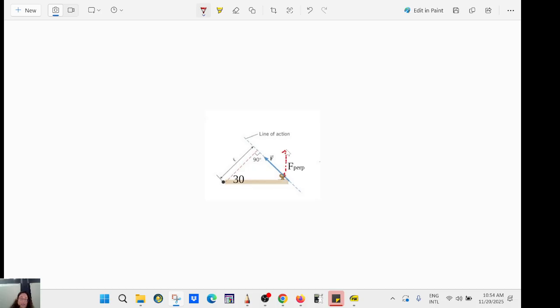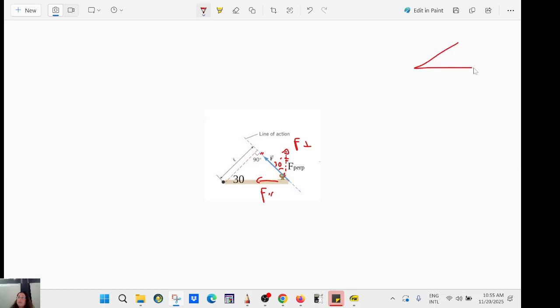So it has a perpendicular component, and here it has a parallel component. So this is perpendicular to that, and then this is perpendicular to this, so that will be 30 degrees.